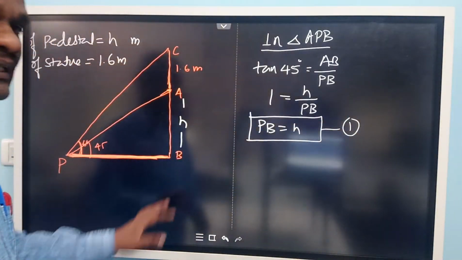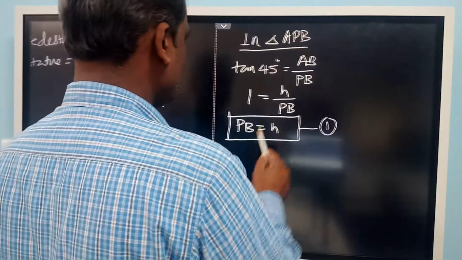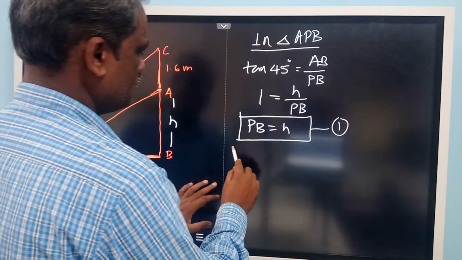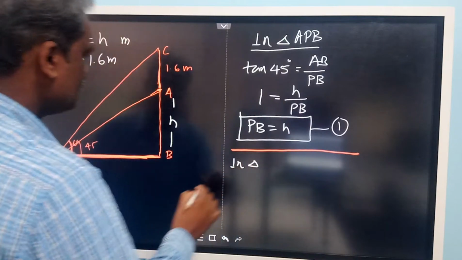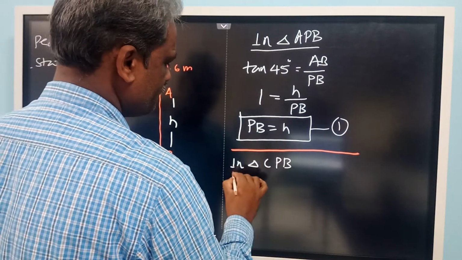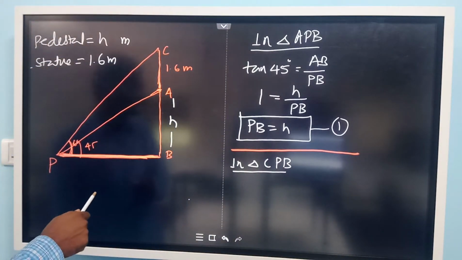Same thing you can do in another triangle also. So let me write here the second part, in triangle CPB. Here it is 60 degree, the angle of elevation is 60 degree.